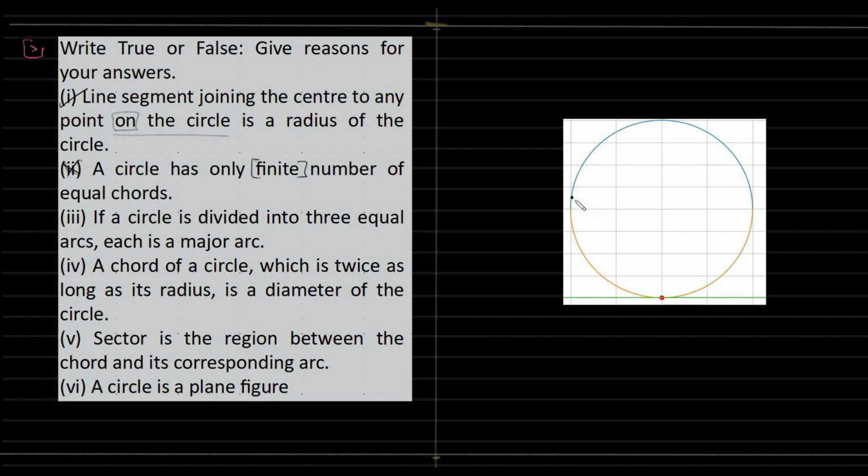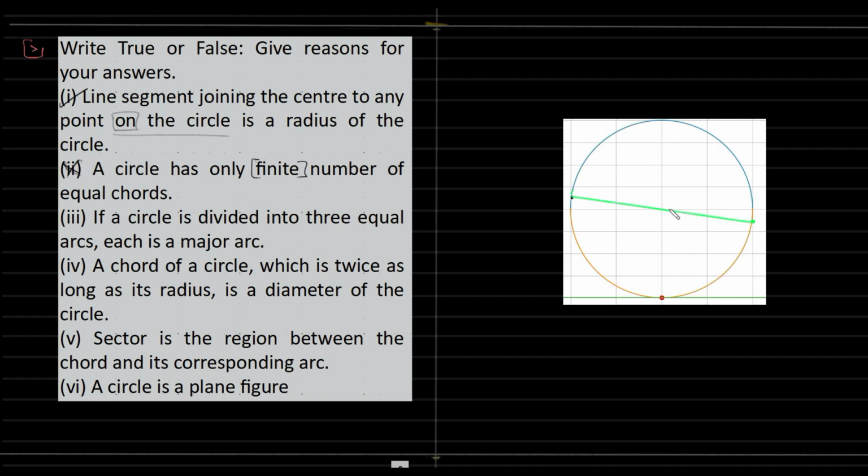So a major arc has to be of length more than half the circle. If a circle is divided into 3 parts, each will be 360 divided by 3, that is 120 degrees.